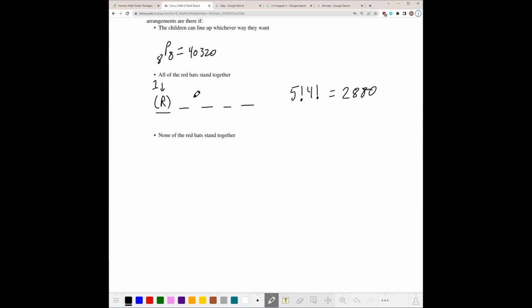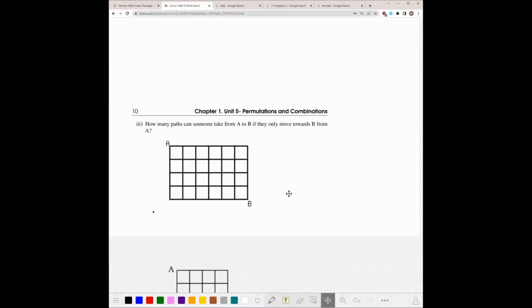So if I had written this question better and said it's illegal for all of the red hat folks to stand together, they have to have at least one of them separated, if not all of them separated, hopefully, right? In that case, I should take my total amount of options and subtract away the number of options wherein I have them all standing together.